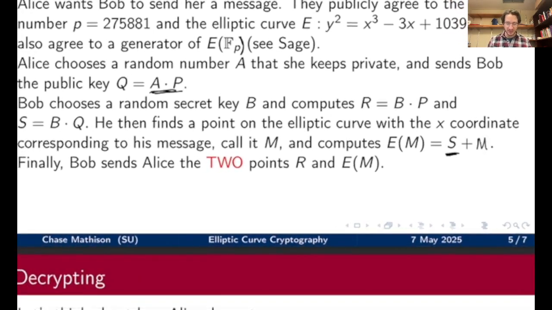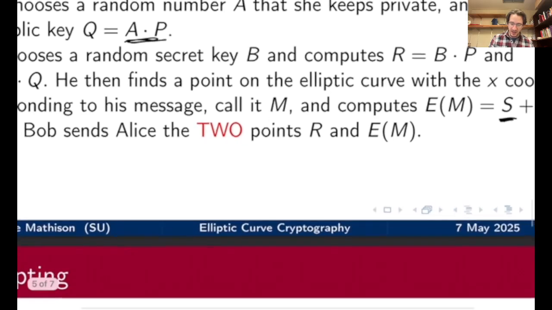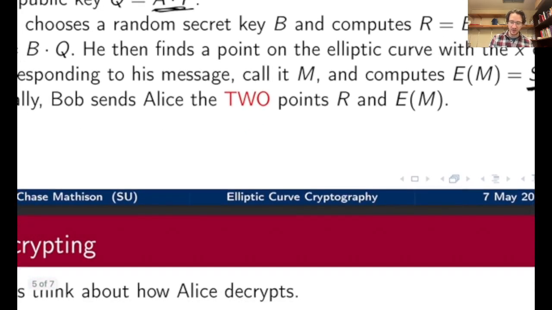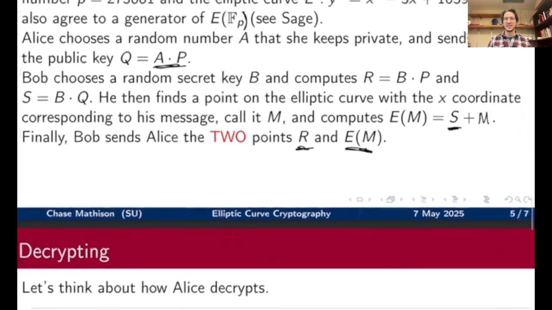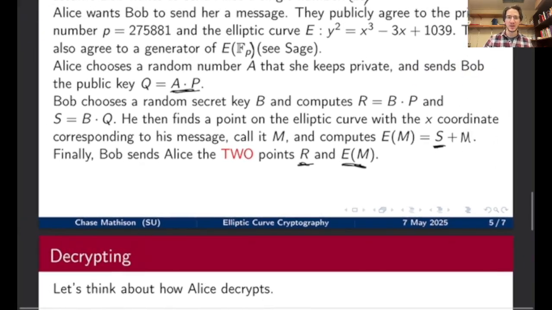Then Bob sends Alice two points: R, which is his part of the Diffie-Hellman key exchange, and the encrypted message, which is a point in E(F_p). Let's look at what Bob sends.